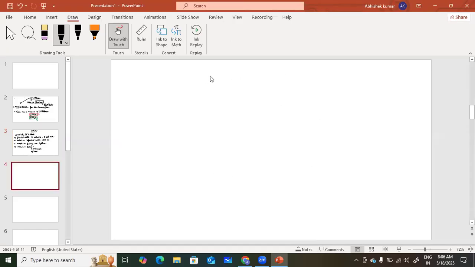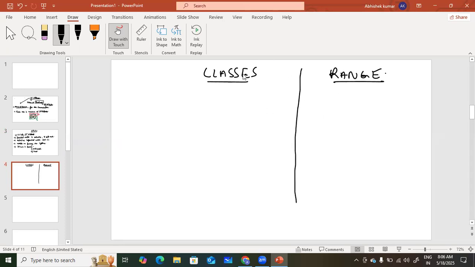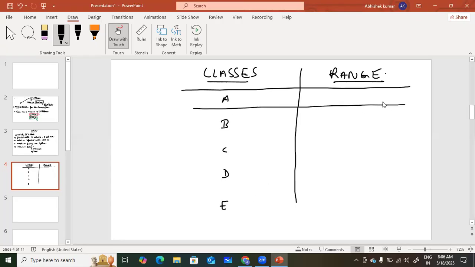There are 5 classes, and the names are class A, class B, class C, class D, and class E. The range of class A is from 1 to 126, 127.